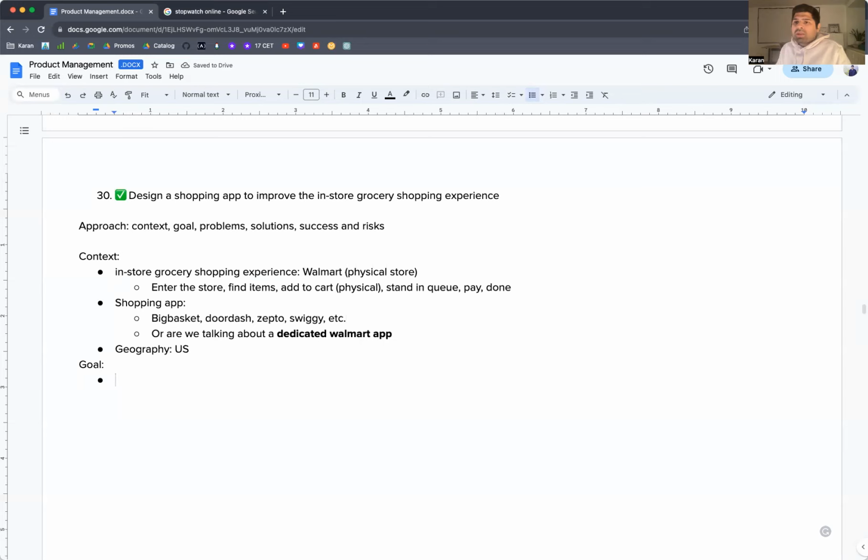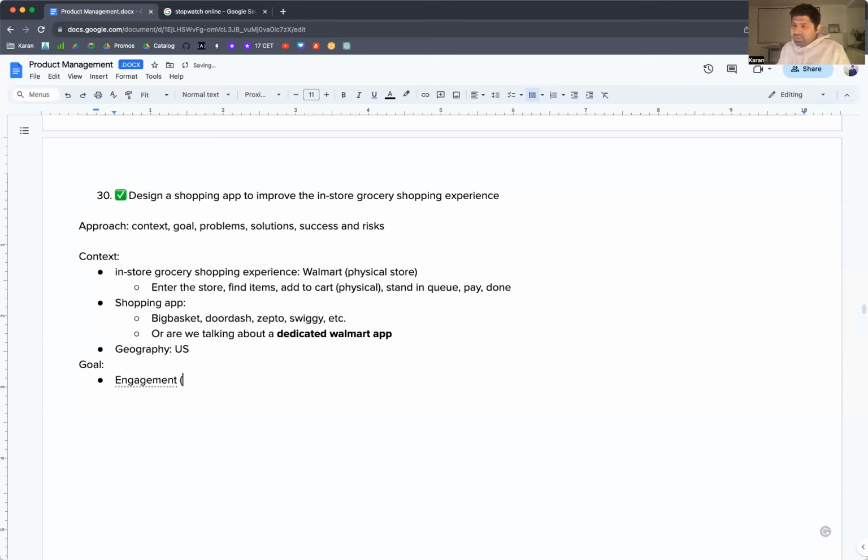let's just make sure that, okay, with this particular app, what could be the goal? Either we get new users. I think Walmart is a very big retailer and they might not necessarily need new customers. But I think what we might need is something on the lines of engagement or better conversion. So engagement is something what we are looking at here.